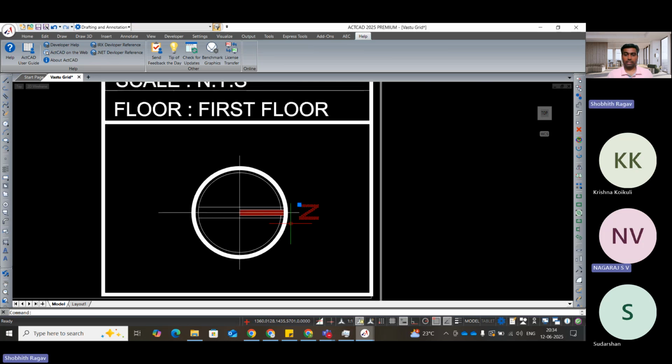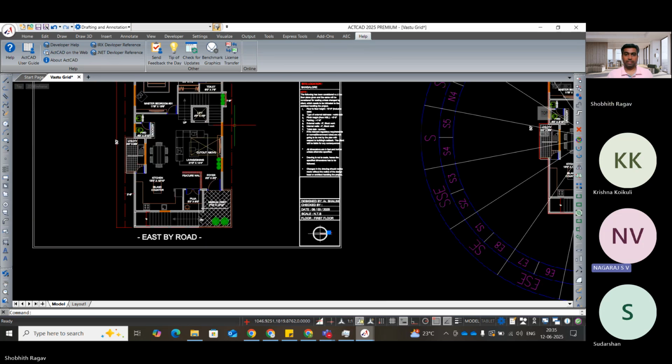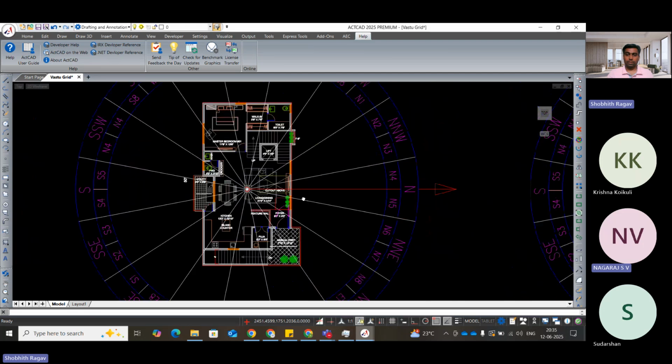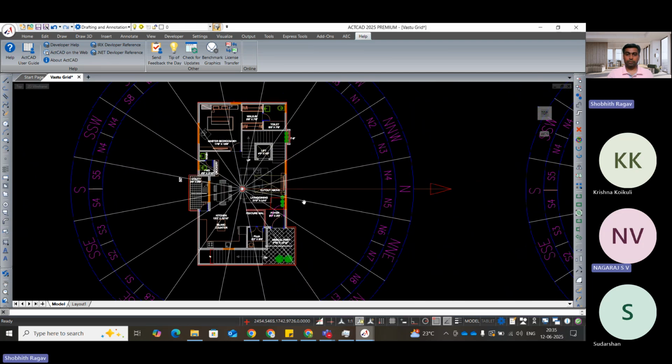This is north. The plan with this compass. I have seen one plan, sir, because my friend is a structural engineer. I have seen one plan with him.